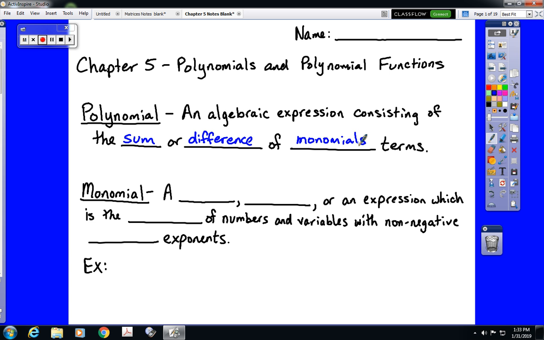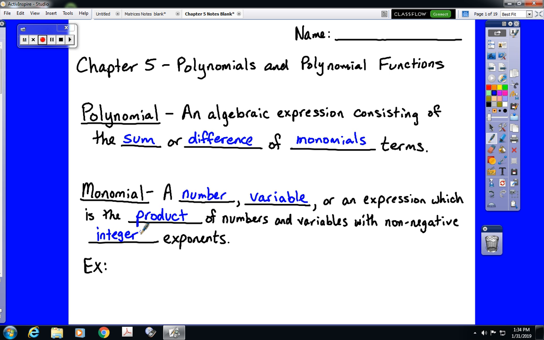A monomial then is a number, a variable, or an expression which is the product, meaning multiplication answer, where we have numbers and variables multiplied together. The one key there is that the exponents on those terms must be positive integers. We can't have negative exponents. We cannot have fractional exponents.